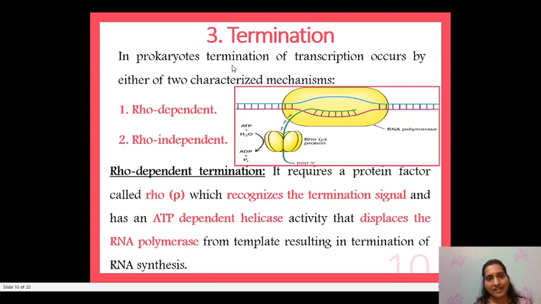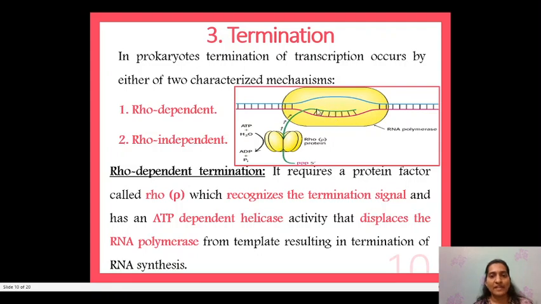So in the process of termination in prokaryotes, it involves two important mechanisms, that is rho dependent and rho independent. Rho dependent termination involves the rho protein, which is an ATP dependent helicase enzyme that can bind to the mRNA transcript. The mRNA has one specific site for the binding of the rho protein. The rho protein binds, climbs up and reaches the state where the RNA and DNA form the hybrid structure.